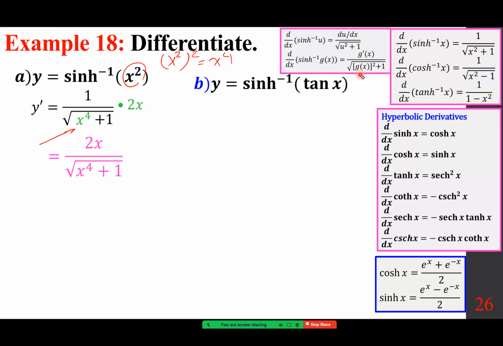So don't write anything here. So what goes in there? This argument squared, and by the chain rule, either du/dx or g prime of x. The derivative of tan x goes here, secant squared x.